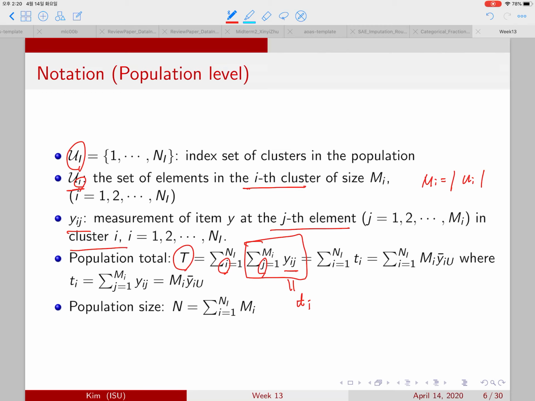This cluster total is the cluster size times the cluster mean. That is the cluster size, and then the cluster mean, the population mean of y in cluster i.